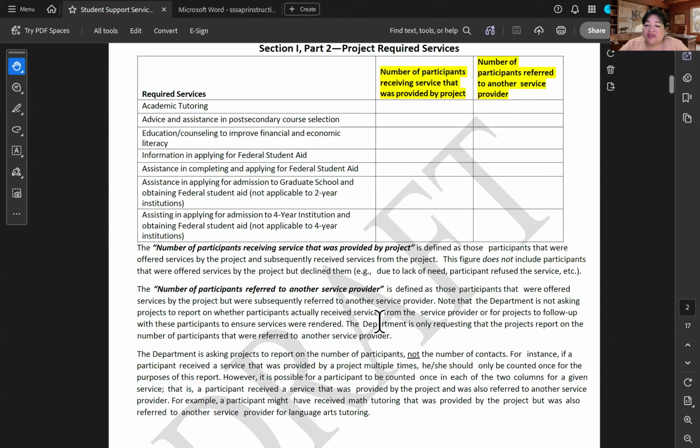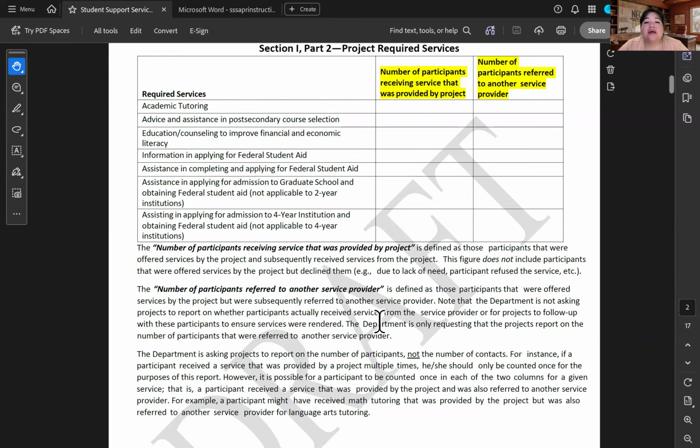So a student comes in two separate times for one instance each of career services, great. But I try to make sure I package every time I meet with them to talk about career services with financial literacy at the same time. So they get two services during every interaction. Every contact has at least two services.